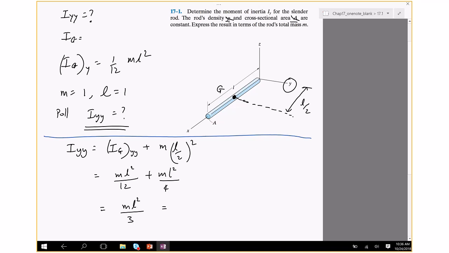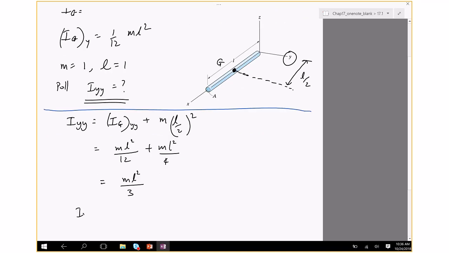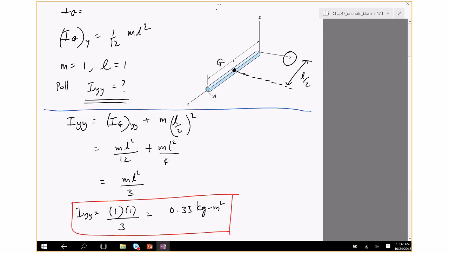So if you put m equals 1, L equals 1, you should get 0.33 kg meter squared. Okay, 0.33.